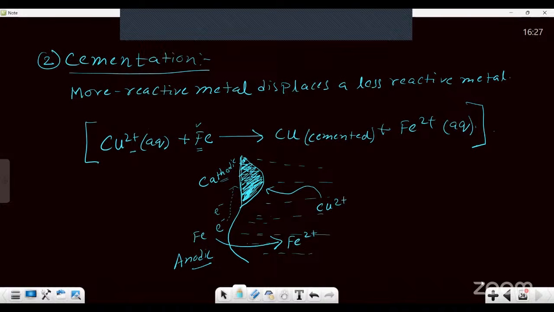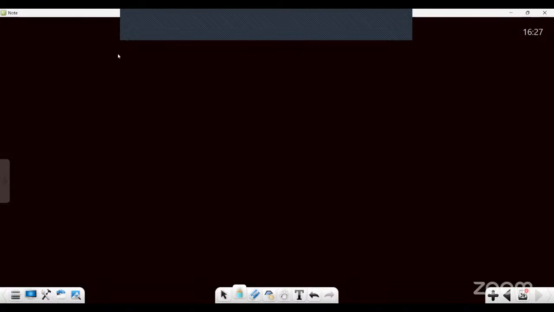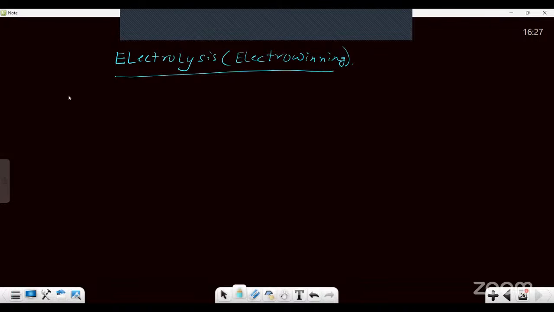Similarly, in case of electrolysis or electro-winning, metal ions are reduced at the cathode.